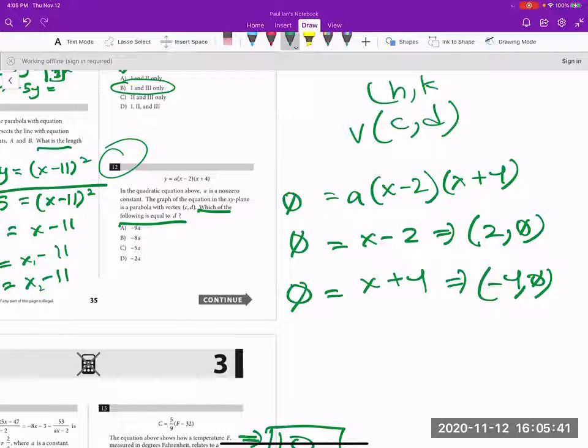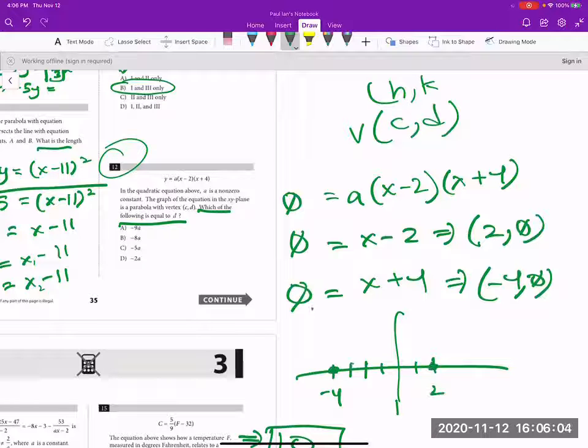And if you picture this in your mind, this vertex, because the vertex, let me see, so was it 2 and 0? Yeah, 2 and 0. So 1, 2, 3, 4, -4, and 1, 2.